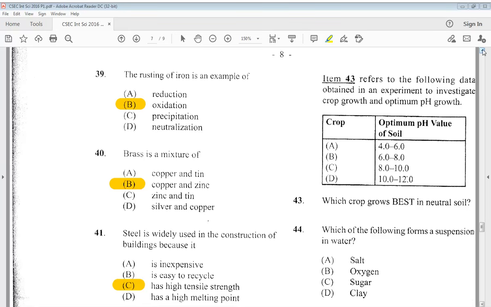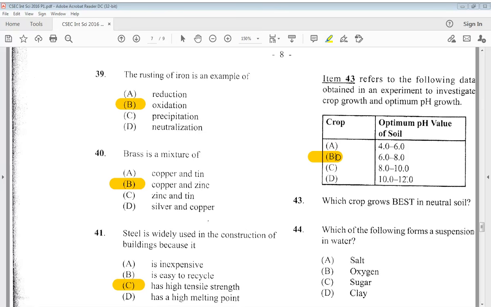Okay, so 43. Which crop grows best in neutral soil? Which one of those would it be? We know it would have to be B. B would be our answer. 6.0 to 8.0 is the optimum pH value of soil, so between that is needed.